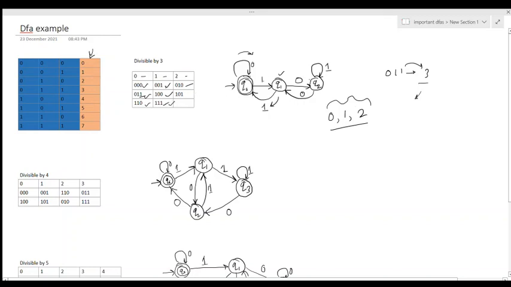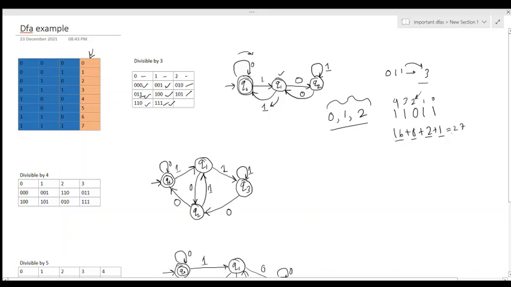1 0 1 1 0, then from Q2 a self transition, so this is also accepted. This is not only true for these values; we can take any string, like 1 0 1 1 0... positions 0 1 2 3 4, so this is 16 plus 8 plus 2 plus 1, that is 24, 26, 27.